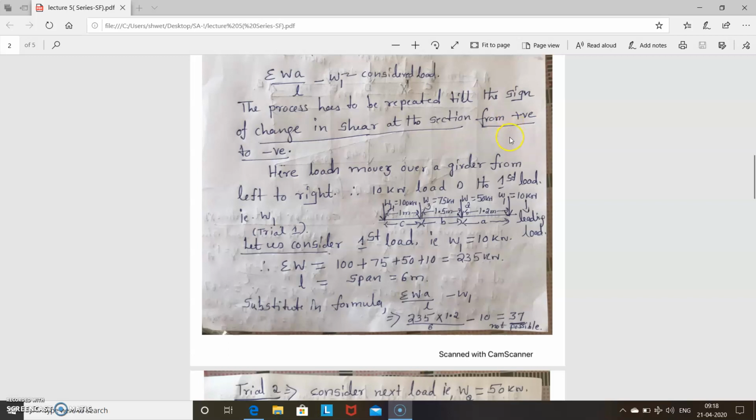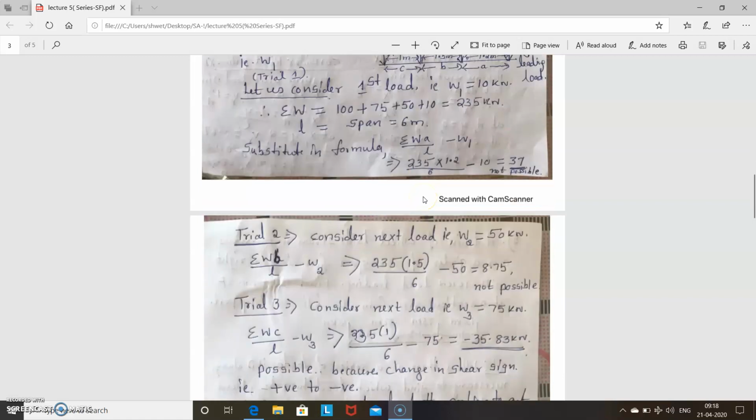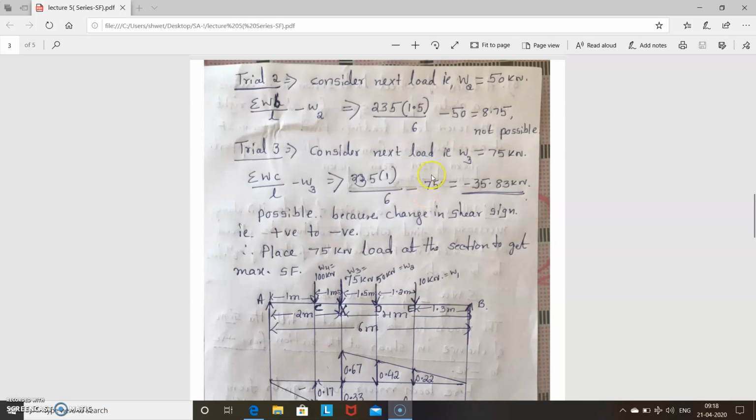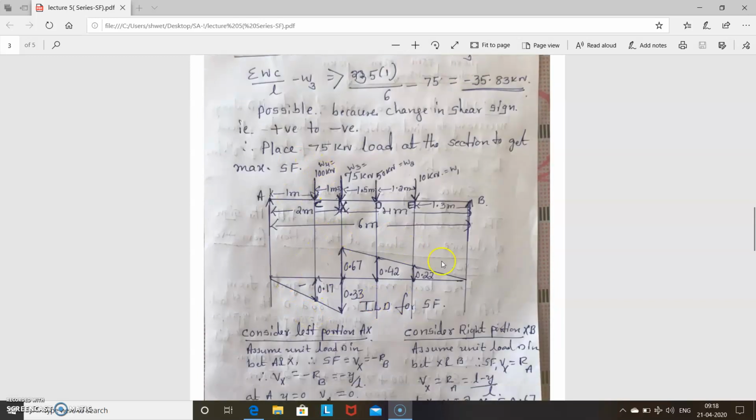Once you get that, place that load at the section. Then find the ILD values and draw the ILD diagram. Then, for the shear force, multiply each load with the ordinate value. All the ordinate values are the same except at the section. For the positive shear force, you consider positive values. For the negative shear force, you consider negative values.